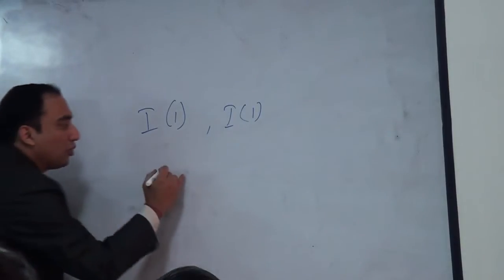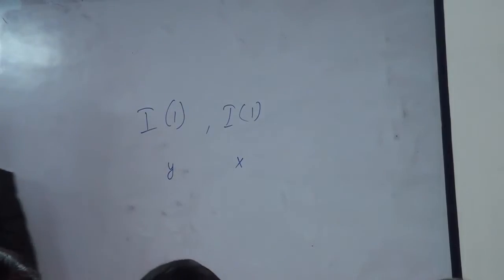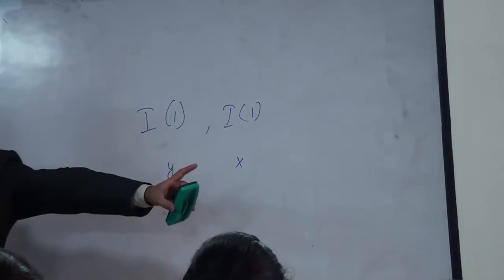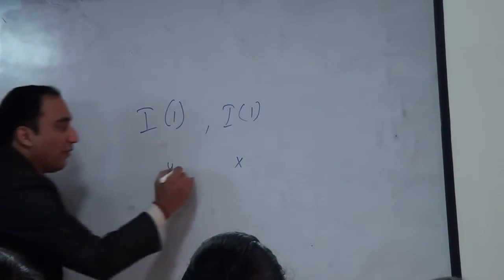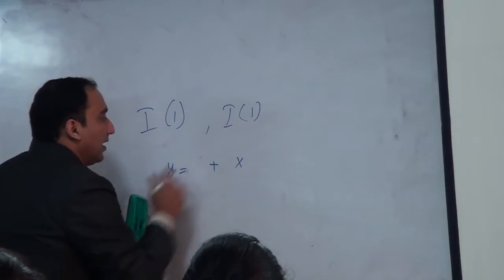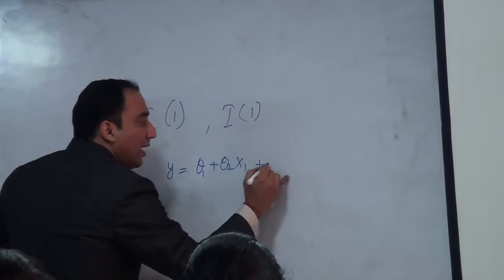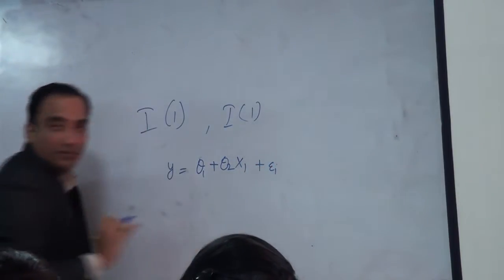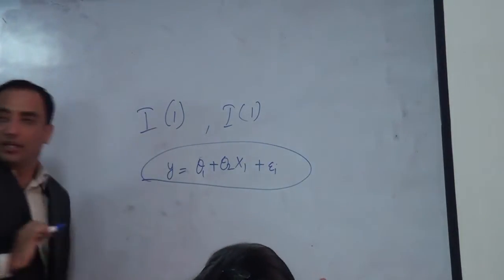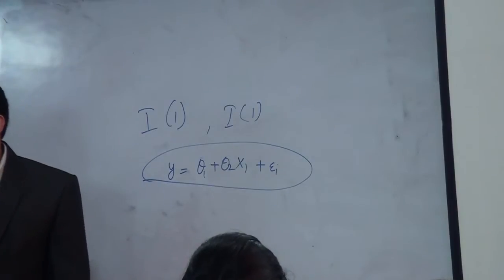So if there are two series, let us say y and x, both of order 1, but a linear combination of them is stationary, say y equal to theta_1 plus theta_2 x_1 plus epsilon_i, and if this equation is stationary, then I say x and y are co-integrated.